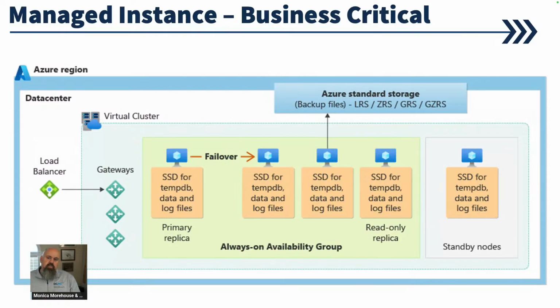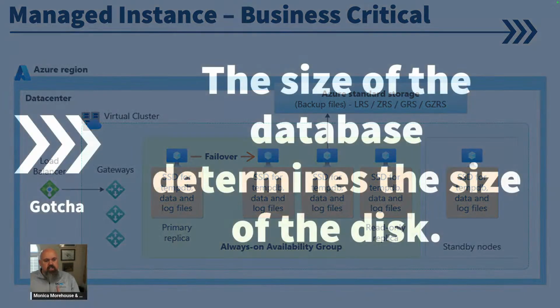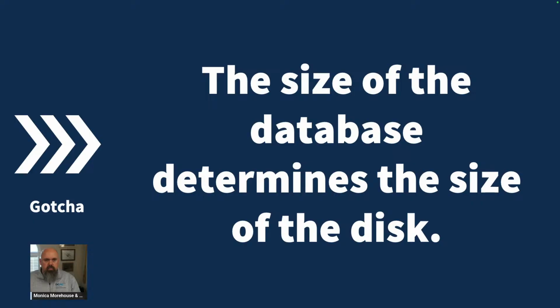One of the gotchas with general purpose is the disks are determined based off the size of your database. And this has been a complaint of a lot of customers about managed instance: if I have a small database and I go to managed instance general purpose, the performance characteristics that I'm going to get for that database are based off the size of the database.